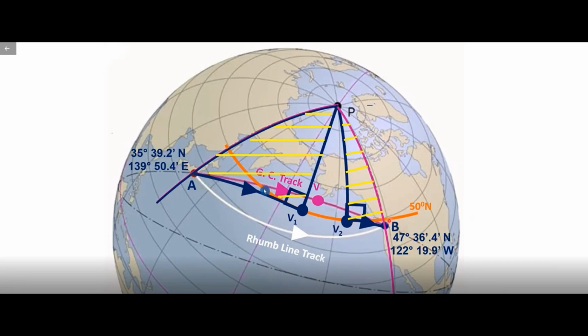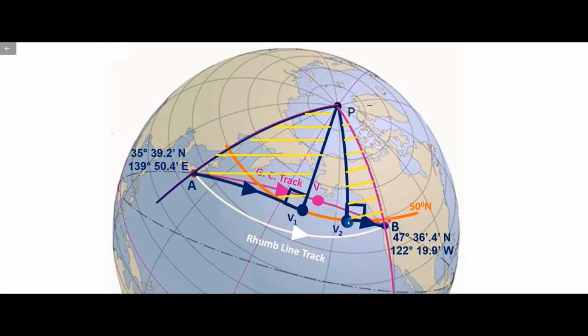We first do GC sailing from A to V1, then we do parallel sailing from V1 to V2, and we do the next leg of our great circle sailing, V2 to Bravo B. So all clear up to here, beta? Yes sir. And sir, V1 to V2 will be parallel sailing. Yeah, that's right, beta. V1 to V2 will be parallel sailing.